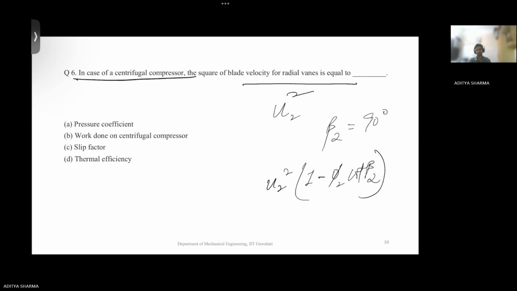Yes. So beta, this will come out to be 0, and then this is U2 square, and this is the expression for your work done on centrifugal compressor.